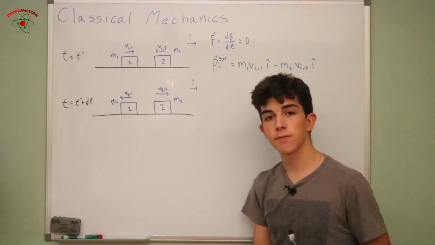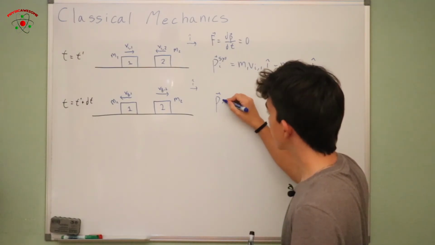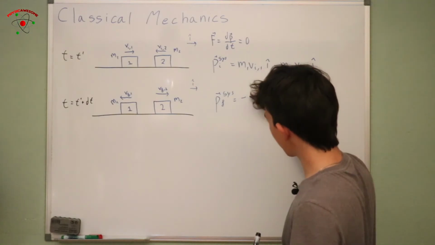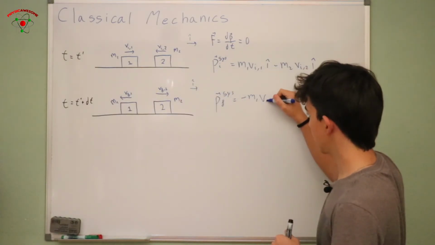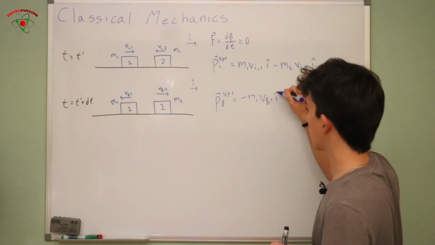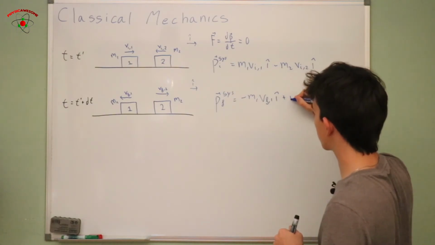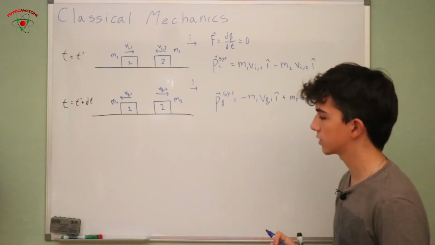And now we have our final momentum, the P final of our system, which is minus m1, because it's pointing in that direction, v final 1 in the i hat direction, and plus m2 times v final 2 in the i hat direction.